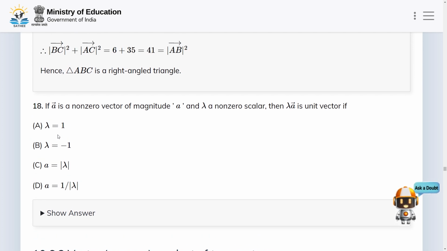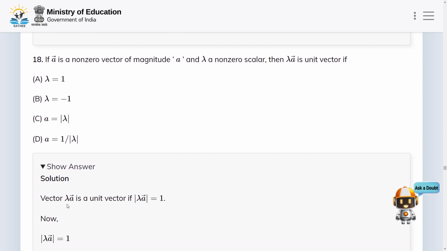Okay, so if A is a non-zero vector of magnitude a and lambda is a non-zero scalar, then lambda A is a unit vector if. Quite simple. So lambda A is a unit vector if.